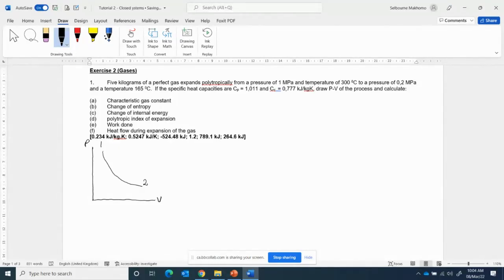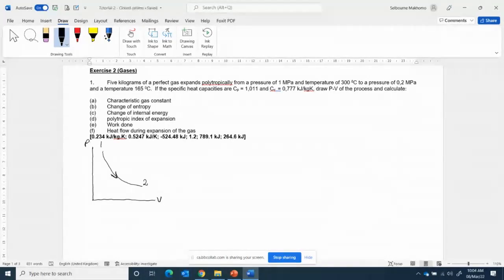So the sketch is incomplete because we do not know the name of the curve, and we also do not know whether it's compression or expansion. The question says the gas expands. If it expands, it means the arrow is facing downwards, expansion.